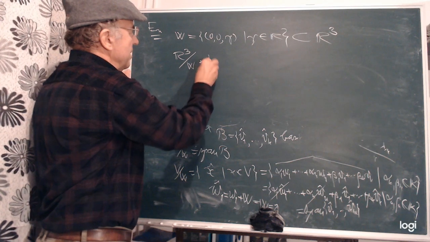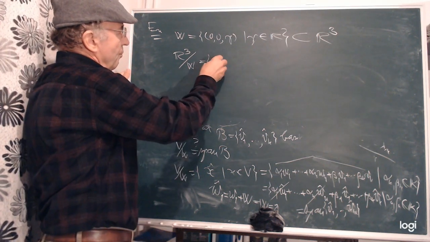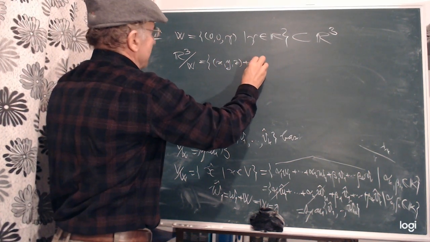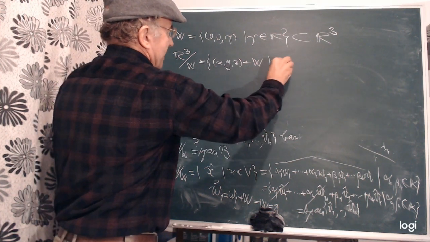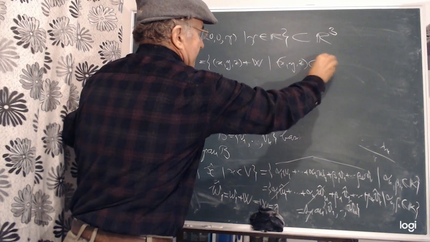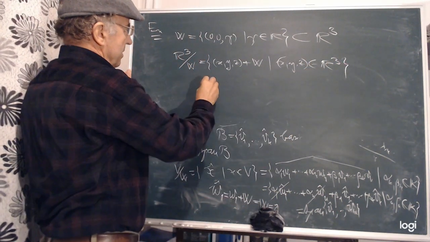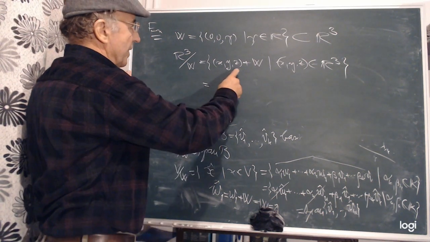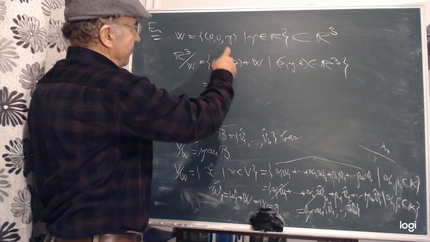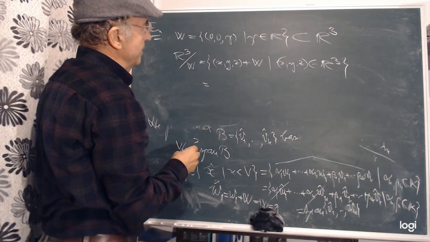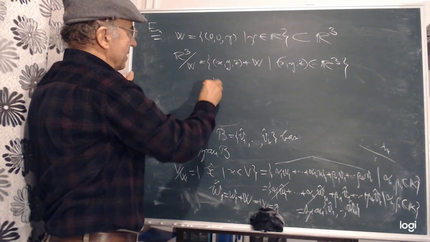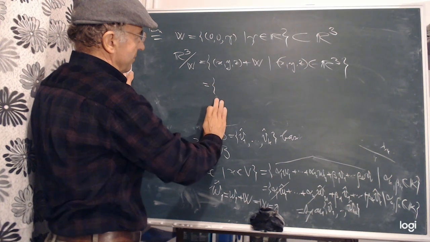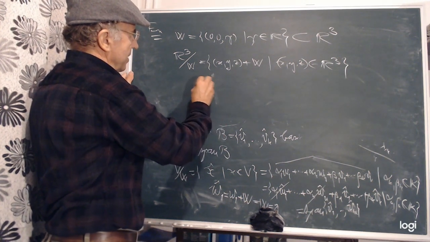Let us see this. This will be (x, y, z) plus W. Our description is of R3, and you can see that if we add this, we get the elements of the form (x, y, alpha).